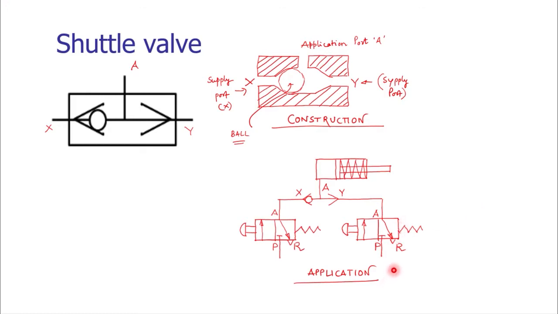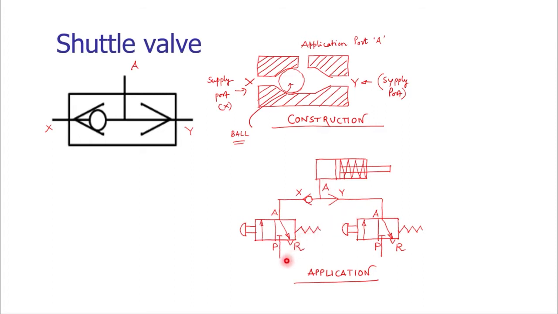A typical application can be seen on your screen. This is a single acting cylinder controlled by using two valves, valve A and valve B. Valve A is connected to the X port of the shuttle valve and valve B is connected to the Y port of the shuttle valve.